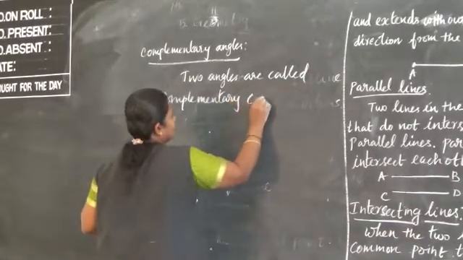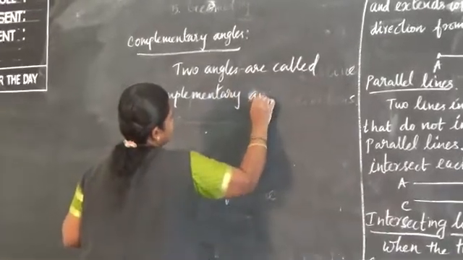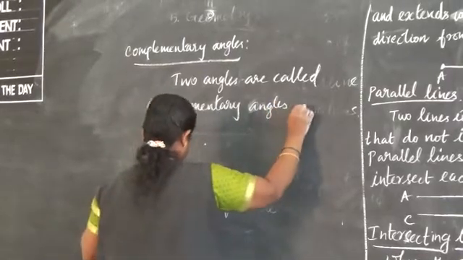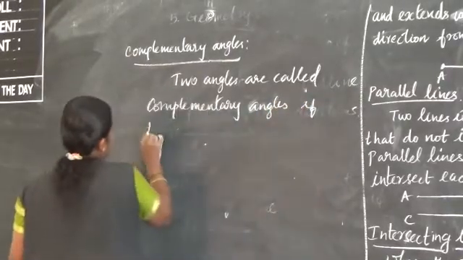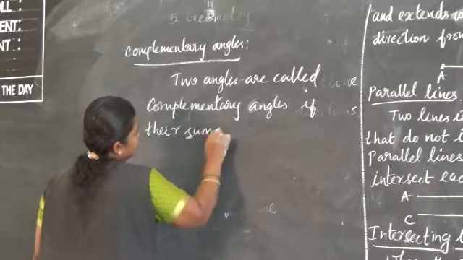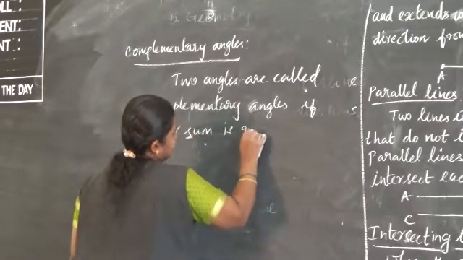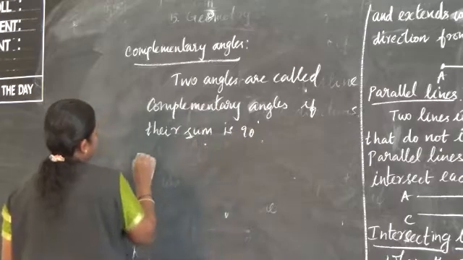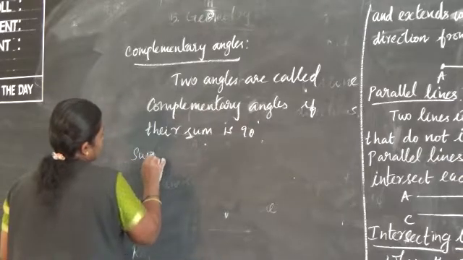Two angles are called complementary angles if their sum is 90 degree. Now supplementary angles.